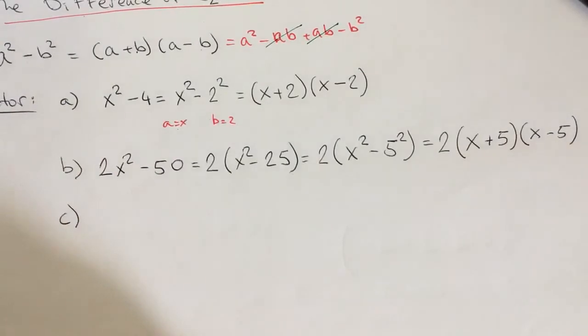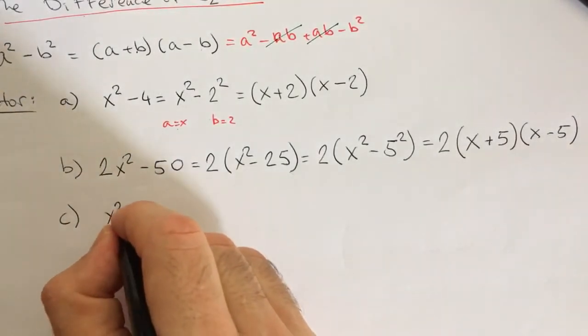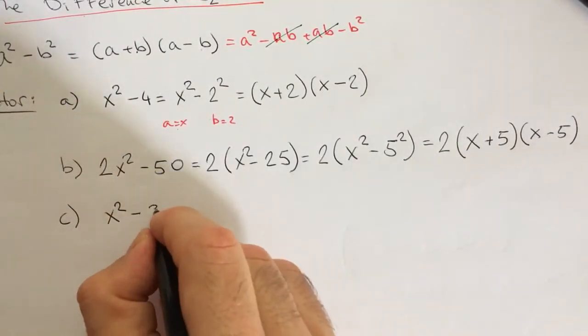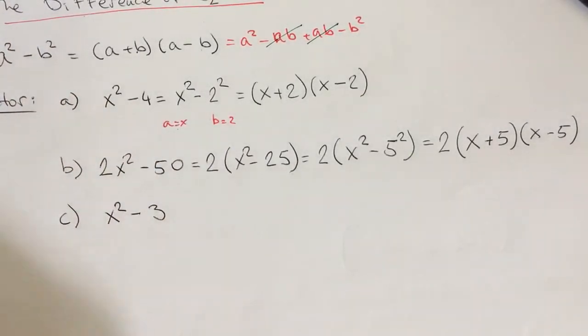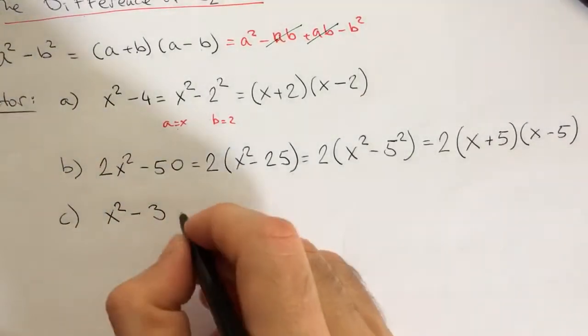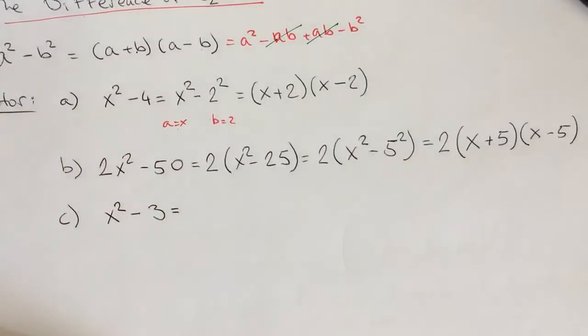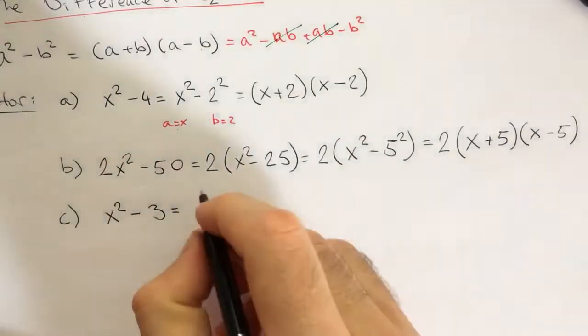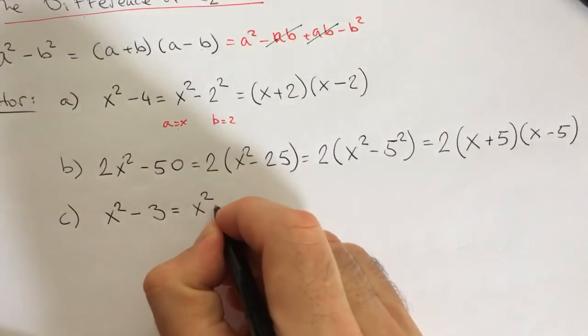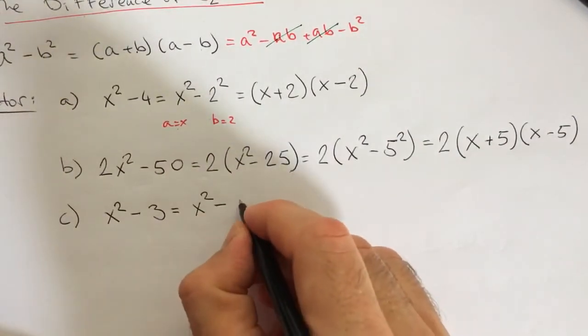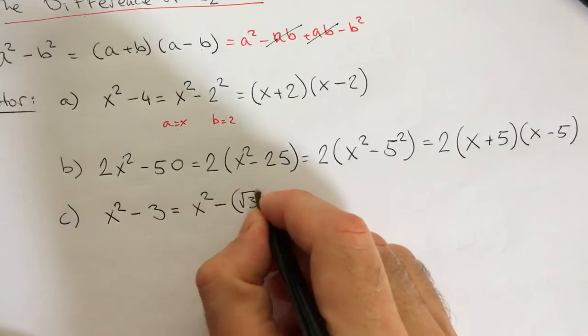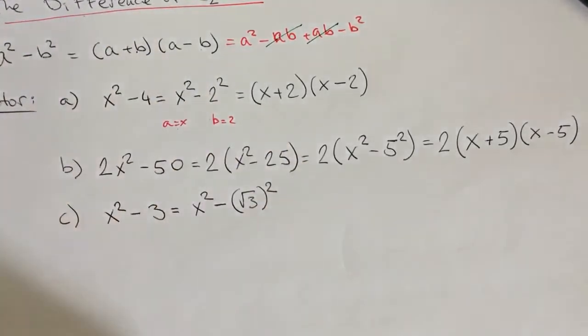Okay, sometimes you're going to be asked to factor something like this, x squared minus 3. Okay, and 3 is not a perfect square, so the question is, can you continue? And sometimes you will need to continue. And here you have to observe that 3 can be written as square root of 3 and then the whole thing squared.